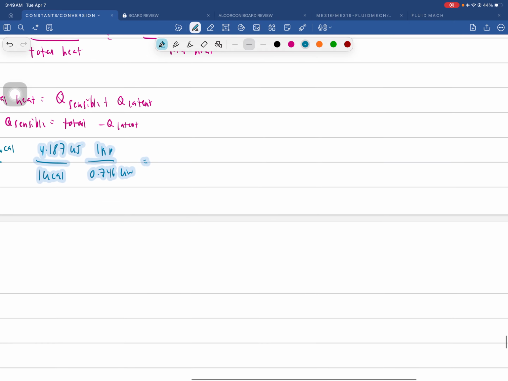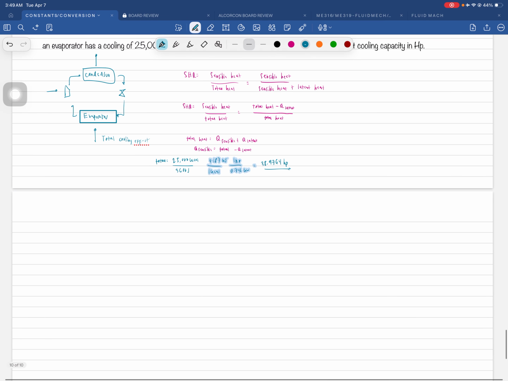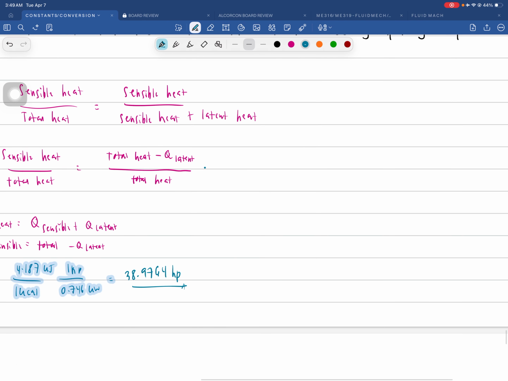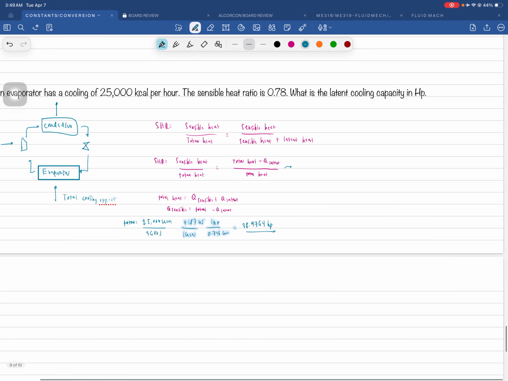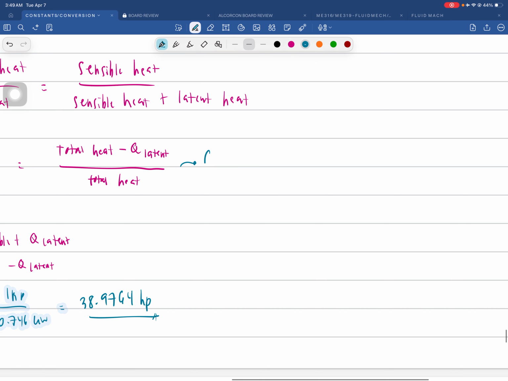So, you would have 38.9764 HP, no? So, lagyan mo lang siya dito, no? The sensible heat ratio is what? 0.78, okay? 0.78 equals 38.9764 minus Q latent. This is in HP, okay?